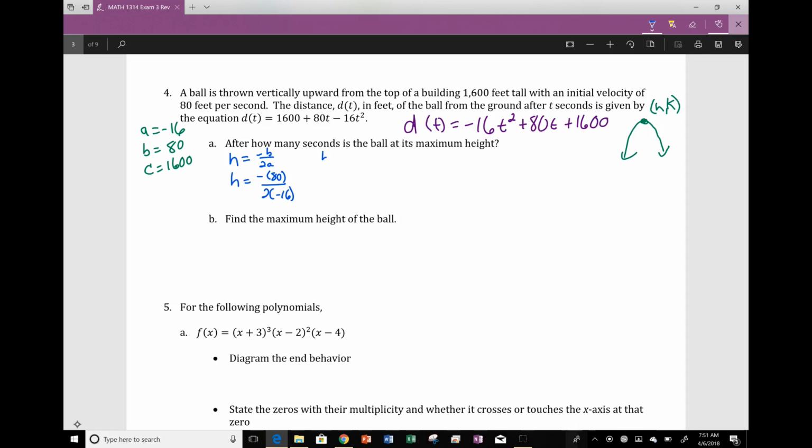So I get that h is negative 80 divided by a negative 32. Whenever I actually divide that, 80 divided by 32, I get 2.5. So the ball reaches its maximum height after 2.5 seconds.